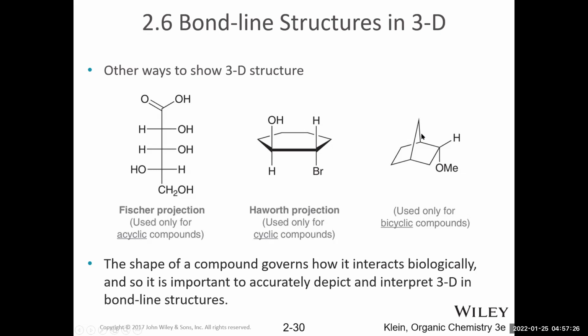And this means that the group is coming up and down. There's some 3-dimensional information that is conveyed in that bicyclic structure. Again, as we learn more about these, we'll come back to this. This is just an introduction to the 3-dimensional nature of structures.